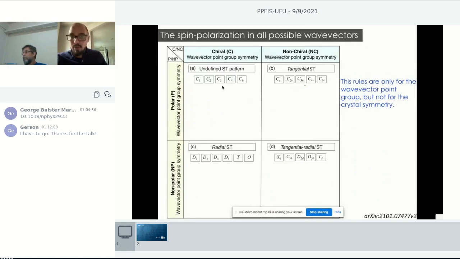So we have 4 categories: polar chiral, polar non-chiral, non-polar chiral, and non-polar non-chiral, okay? And we have very specific point groups here, for instance, C1, C2, C3, C4, C6, in the case of polar chiral symmetries.